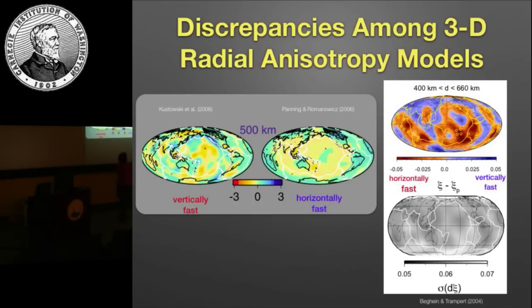One thing I have to specify is that the color scale is actually reversed. I had used a different convention. So where it's red here, red should be blue here. But basically it's a very, very different model. And I had estimated uncertainties, and the value of the uncertainties is actually larger than the mean value of the model itself. So again, radial anisotropy in the transition zone is not well constrained at all.